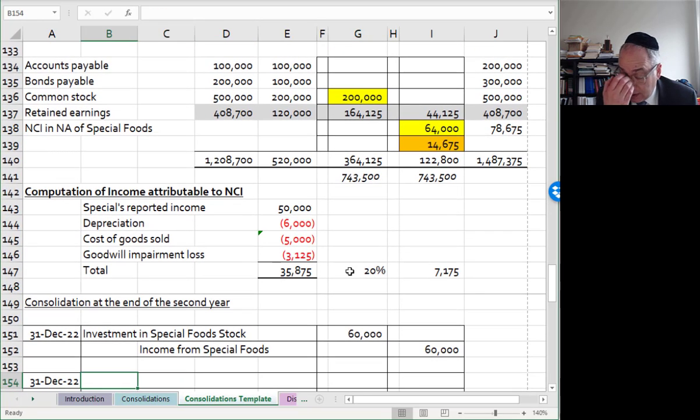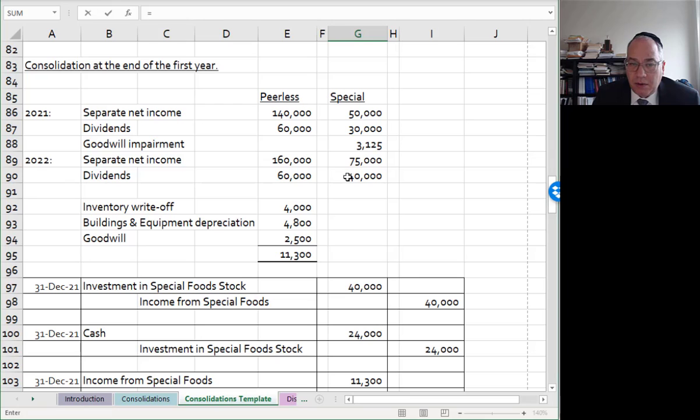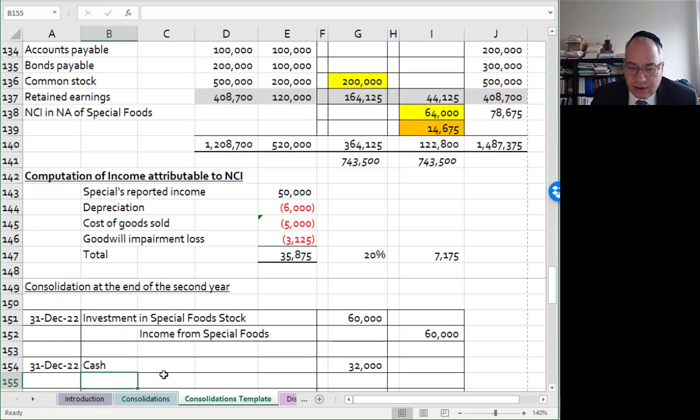For the dividends, I'm going to debit cash for the amount of dividends received. The parent is going to receive $40,000 in dividends times 80%, or $32,000, and then credit investment in Special Foods stock.